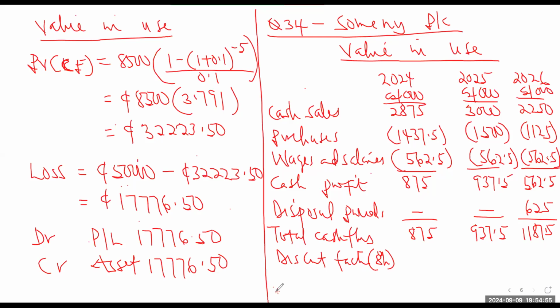That will give us 0.926. The second year will give us 1 over 1.08 exponent 2, which is 0.857. Then 0.794.